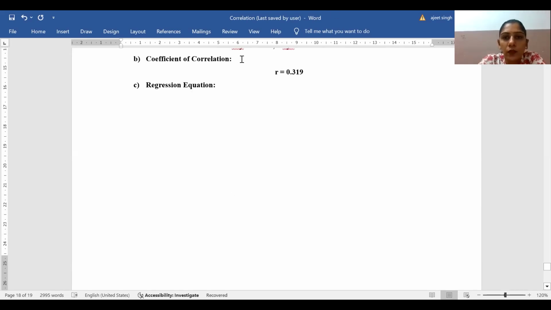So now let's calculate the regression equation for x on y and y on x. First of all, let's calculate x on y.